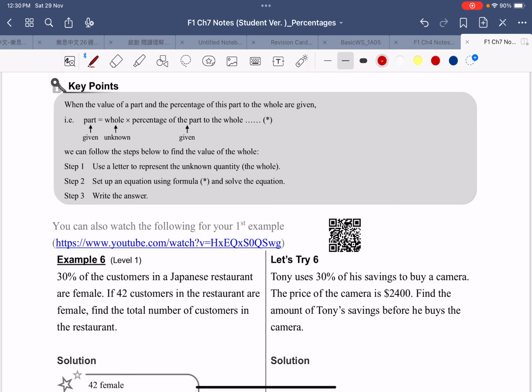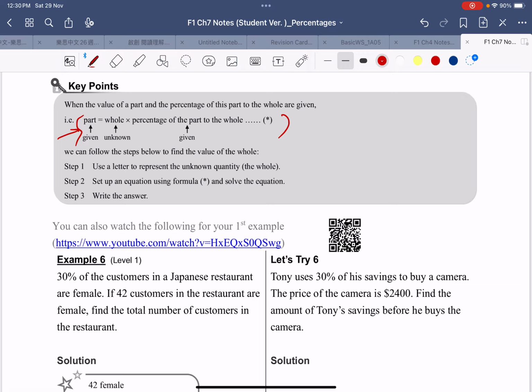So this time you see there's a key point here stating the same formula we use, but now we want to find the part. We need a little bit of algebra here. Part would be the whole times the percentage. We are using this formula most of the time. We can follow the steps below to find the value of the whole.